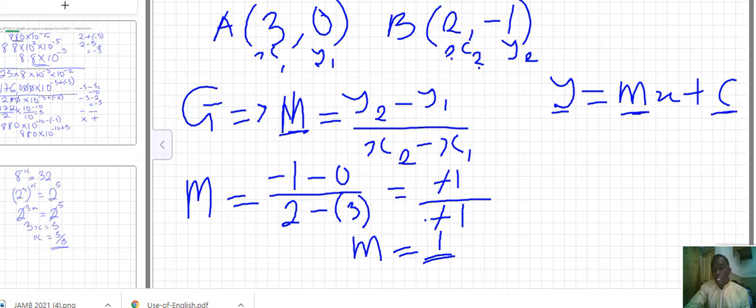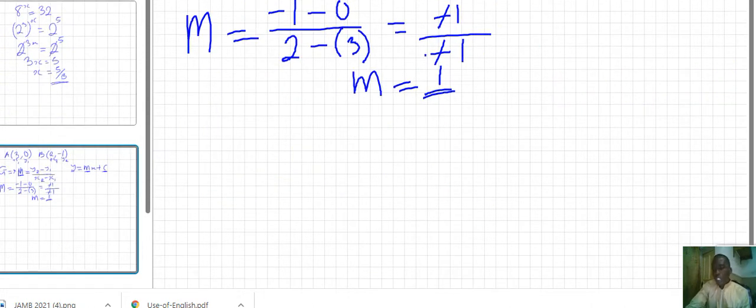Now, having gotten the gradient of the line, the next thing we need to look for is the equation of the line. What is the formula for the equation of a line?